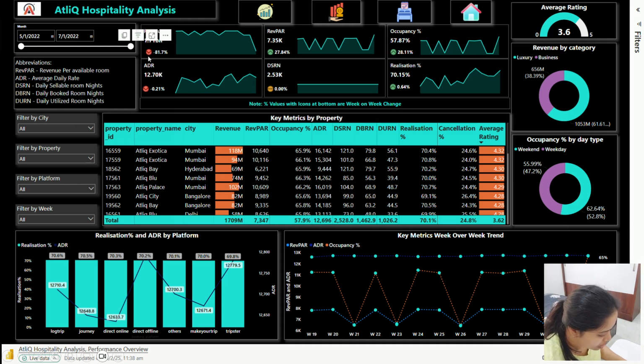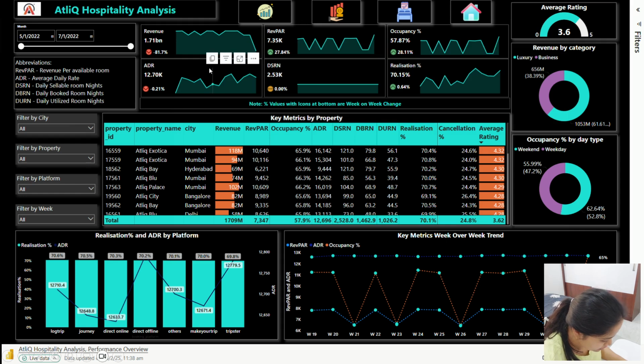For example, we used here a red button with a down arrow to show a drop, and similarly green with an up arrow for growth. If it is constant, we show yellow with a horizontal line, and these lines show how the trend is going.